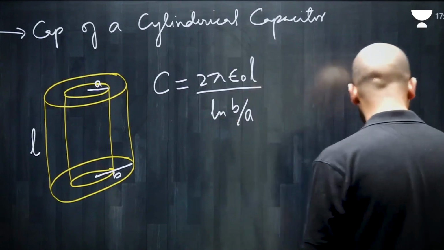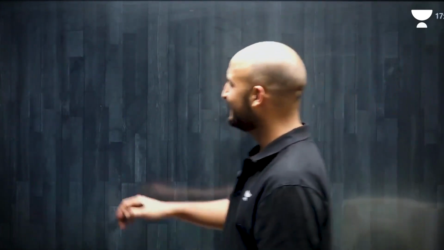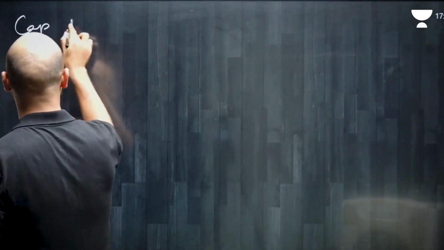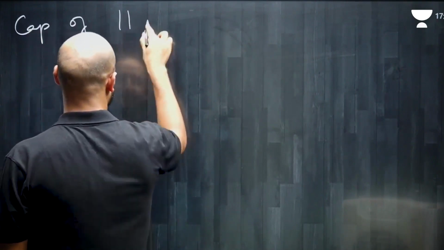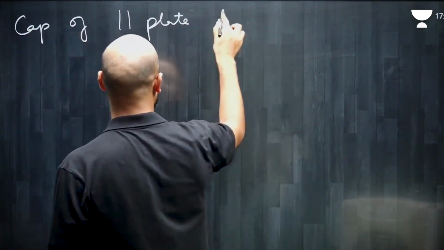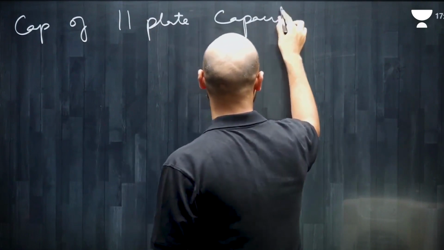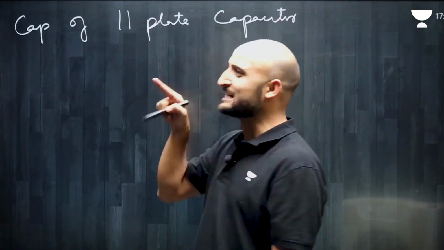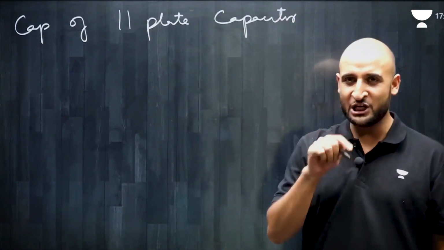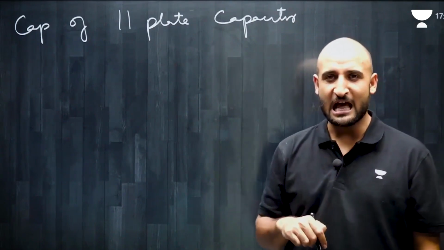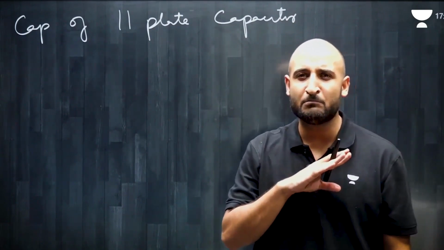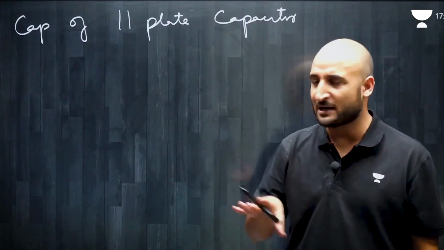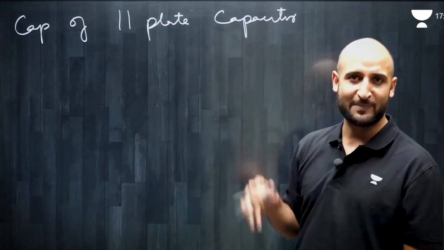Now the most important thing, that is the capacitance of a parallel plate capacitor. Let me tell you guys that this is the type of capacitor where about 95% or more of the problems in capacitors are based on the parallel plate capacitor.